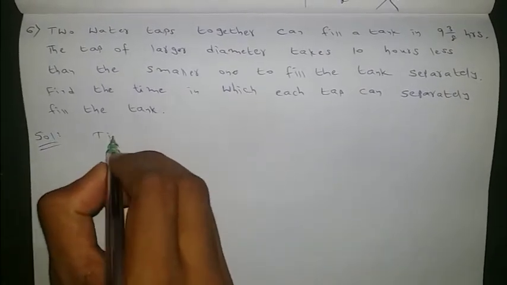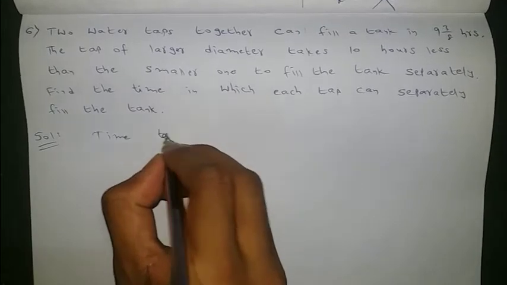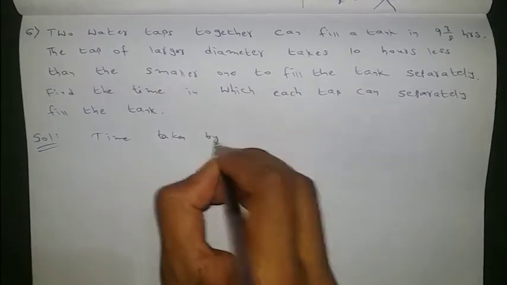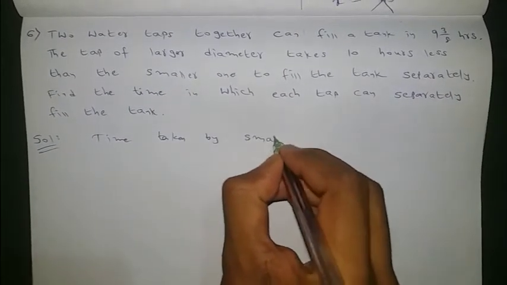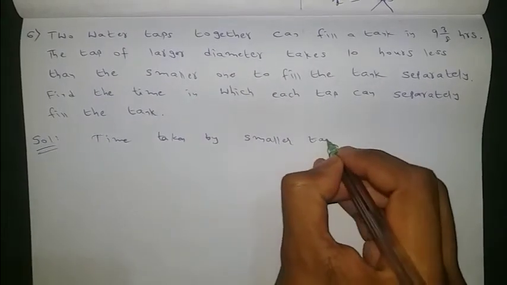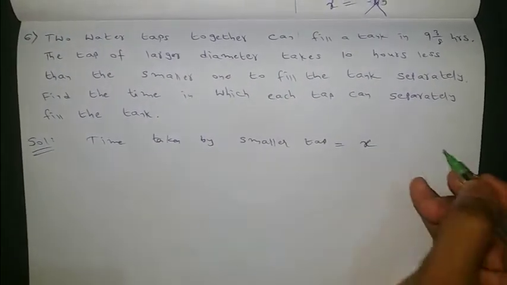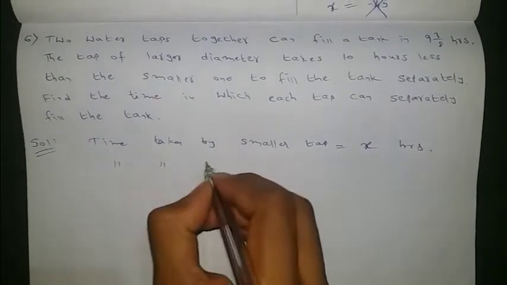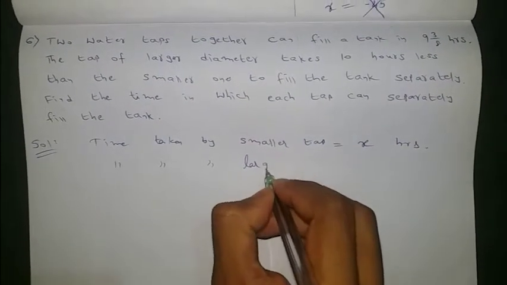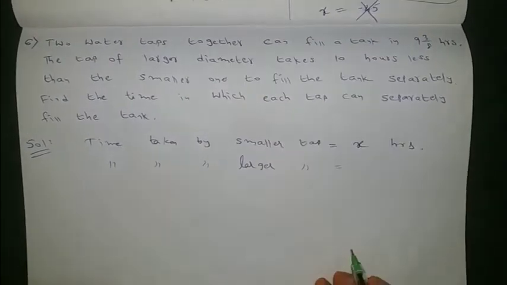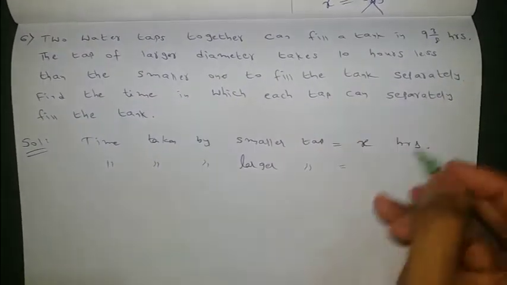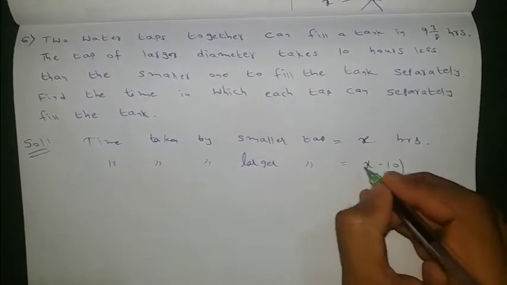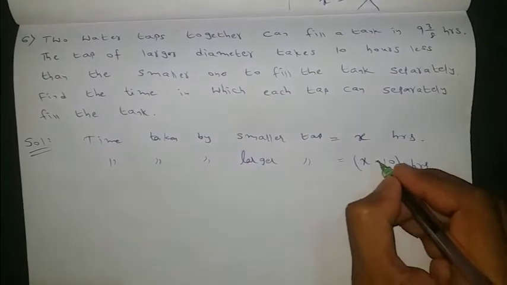So time taken by the smaller tap is equals to x hours. Then time taken by the larger diameter tap, it will take 10 hours less, so x minus 10.